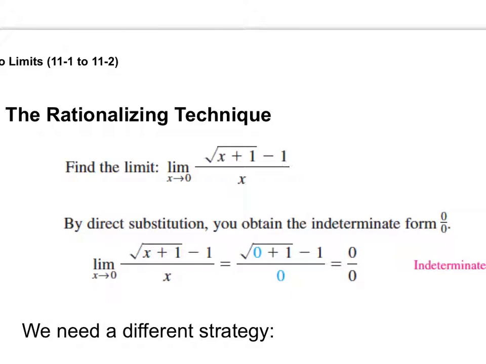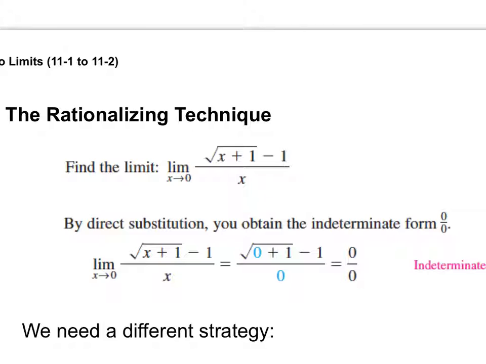Now, however, we really don't care where the radical is. If we're getting something that is giving us 0 over 0 and it involves a radical, we're going to multiply by a form of 1 to try to get the radical out of that part of the fraction and into the other part. Okay?